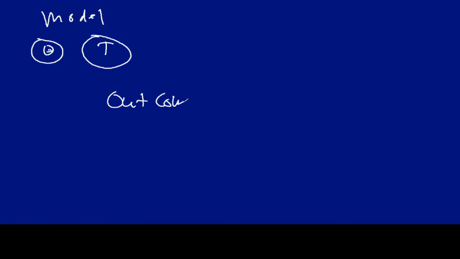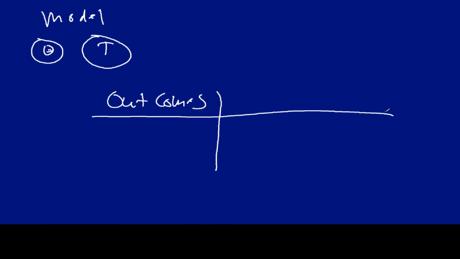So let's move to a slightly different example. Let's say I'm flipping a coin. So this is heads, and of course, this is tails. And so I flipped the coin. So what are my outcomes here? My outcomes are as follows. And this is an equal probability coin.